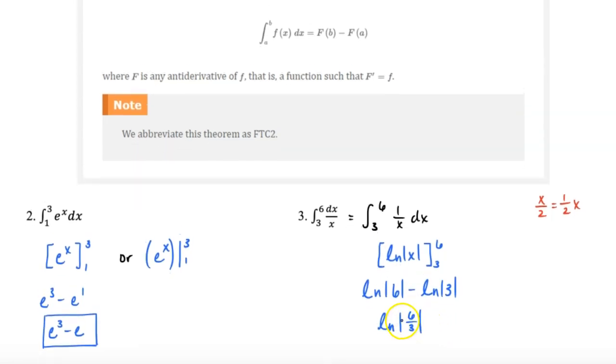And then, when I have an absolute value of a positive number, I can just remove those absolute value symbols. 6/3 is just 2, and so finally this is just equal to the natural log of 2. That is our answer. We can put parentheses around that too if we'd like. So that is what the fundamental theorem of calculus part 2 tells us that we can do.